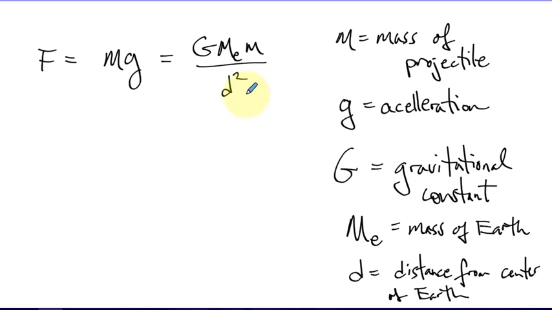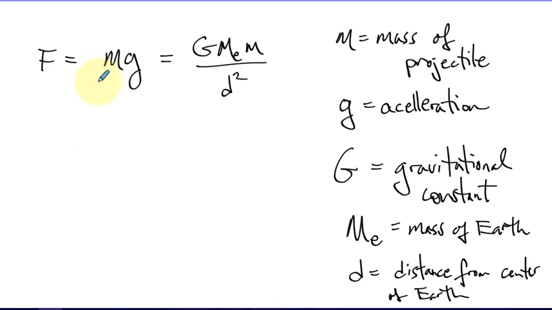So if it is the force of gravity that is causing this motion, and that force gives it its weight, and the weight only is causing the object to fall, we can solve for the acceleration of that object. And the amazing thing is that it doesn't matter what the projectile weighs, it doesn't matter what its mass is.